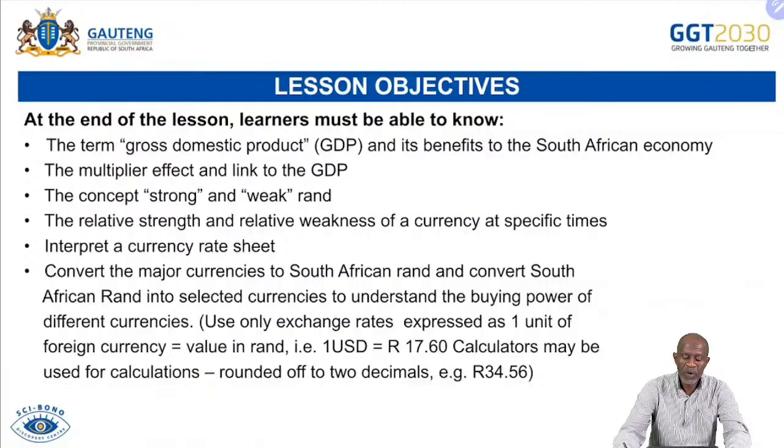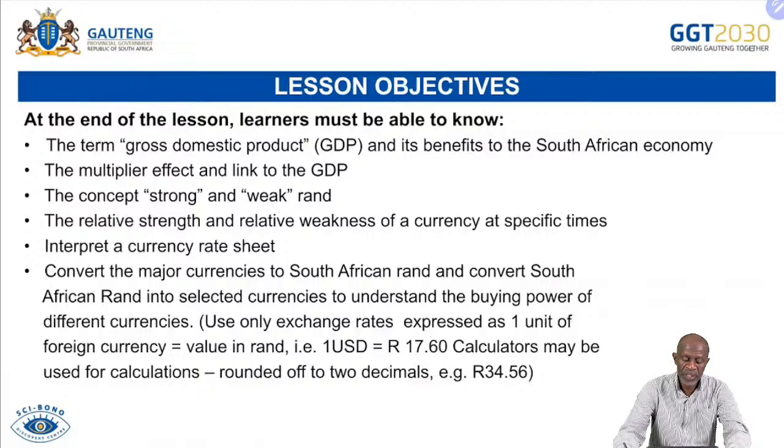We are going to use only exchange rates as expressed in 1 unit of the foreign currency. The value in rand, that is 1 USD, is equals to 17 rand 60 cents.